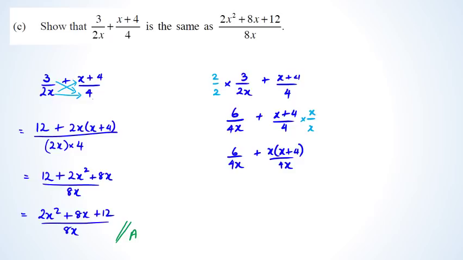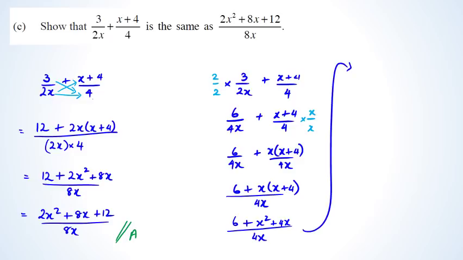So I see that both the denominators are the same, so I can put everything together in one big denominator, which is going to be this. Expand the brackets, so I'm going to get x squared plus 4x divided by 4x. And now rewriting this, I'm going to get x squared plus 4x plus 6 divided by 4x.